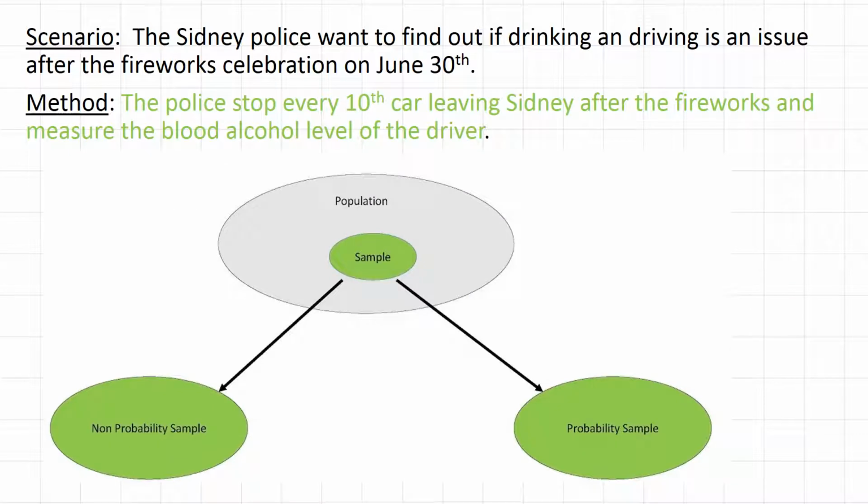So let's take a look at the next scenario here. The Sydney police want to find out if drinking and driving is an issue after the fireworks celebration on June 30th. So what they do is they stop every 10th car leaving Sydney after the fireworks, and they measure the blood alcohol level of the driver. So the entire population would be all the drivers attending the fireworks.